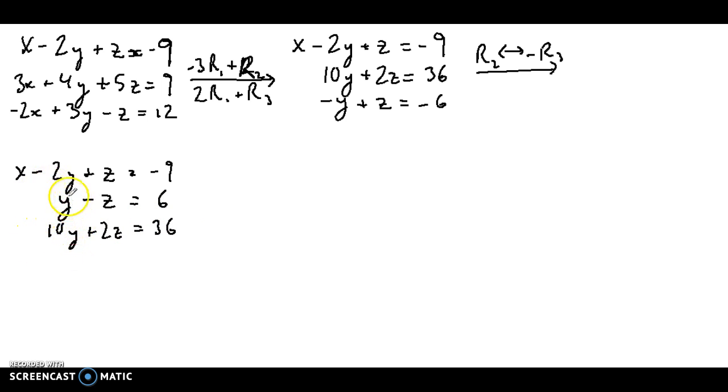Well, if I take this one and multiply it by negative 10, when I add it, they will go away. So what we're going to do is take negative 10 row 2 plus row 3. Row 1, again, isn't changing. Row 2 is not changing.